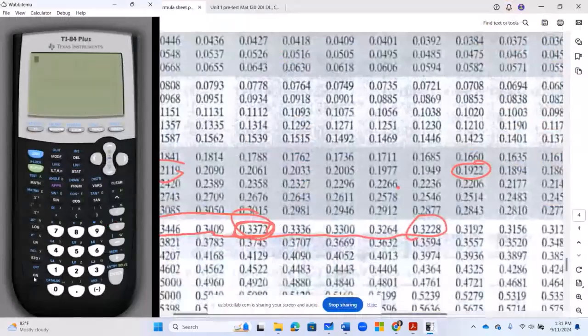So I get my calculator, and I'll just put 1 minus 0.1922, and my answer is area to the right.